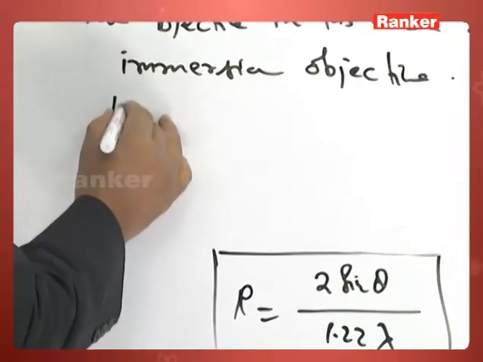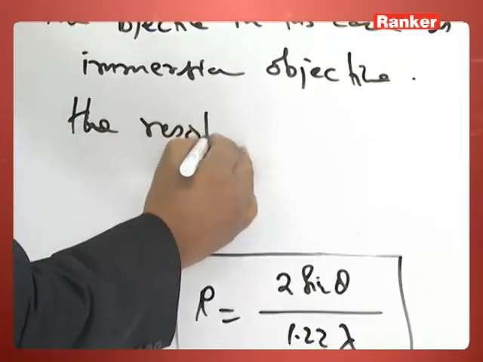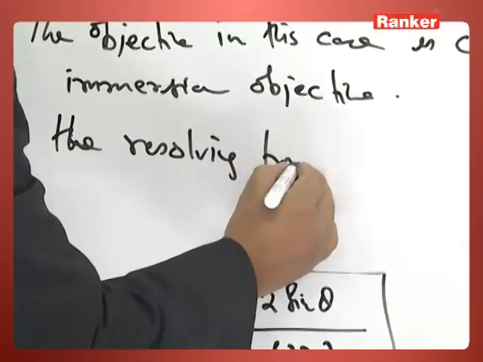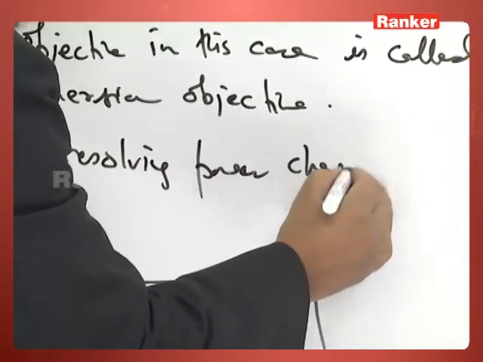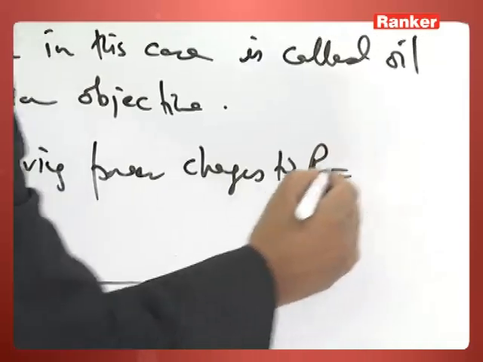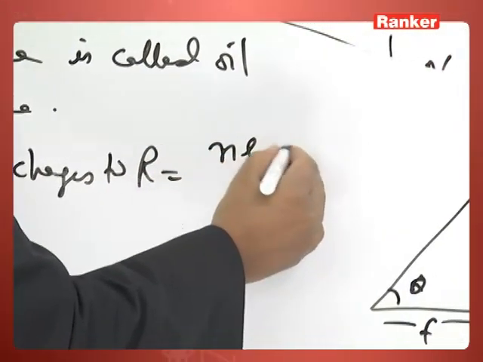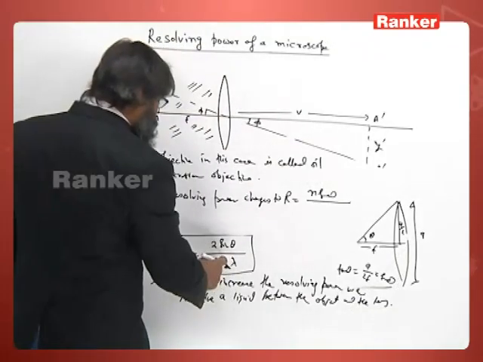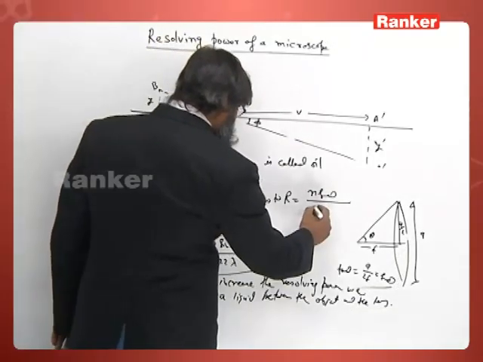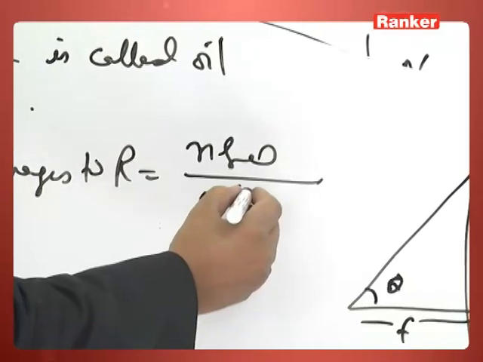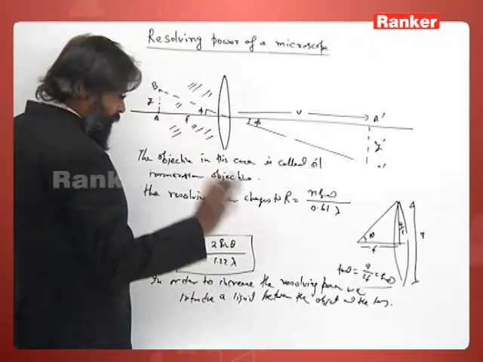The resolving power changes to R equal to 2 n sin theta by 1.22 lambda, which is nearly n sin theta by 0.61 lambda.